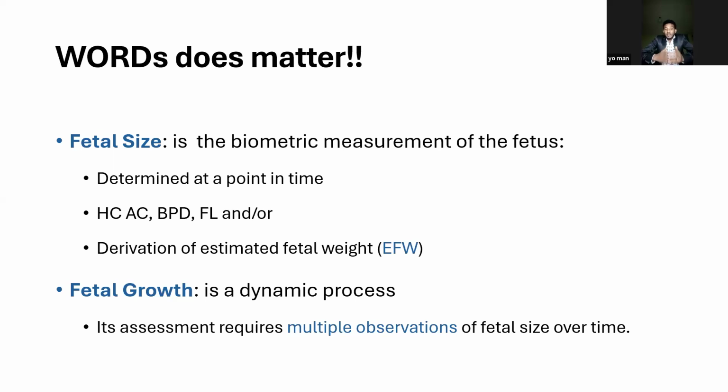Then you can call that fetus growth restricted, considering consecutive ultrasound exams. That's the difference between fetal size and fetal growth. At a single ultrasound scan, you can tell only about the fetal size at that point in time. So the difference of those words is clear, I think.